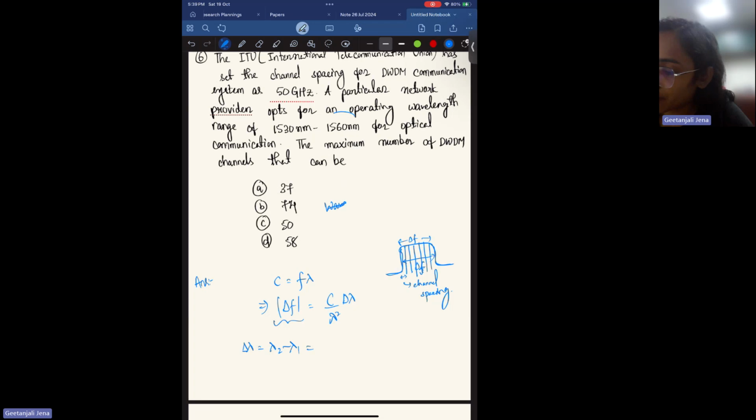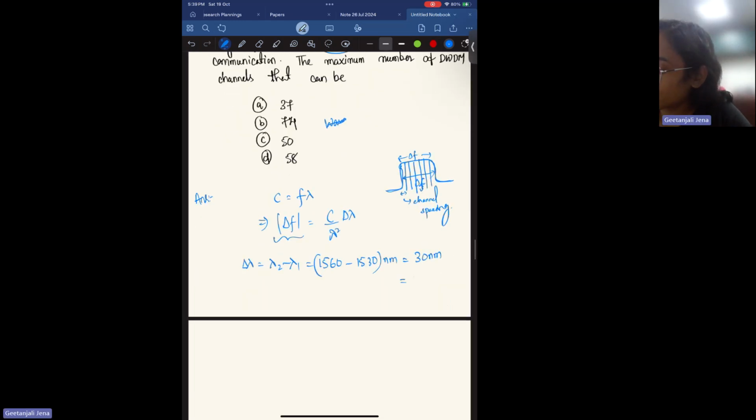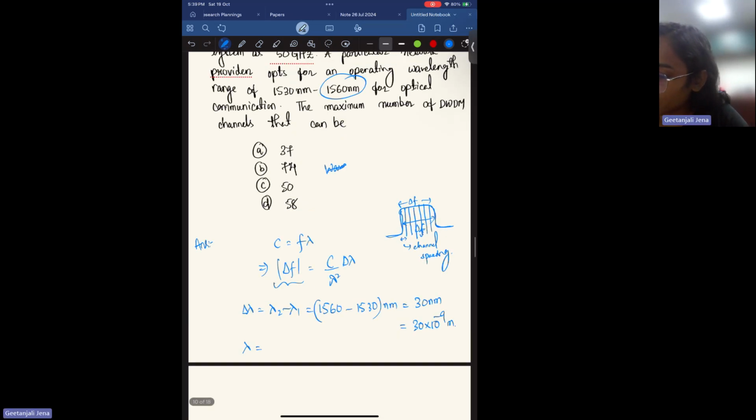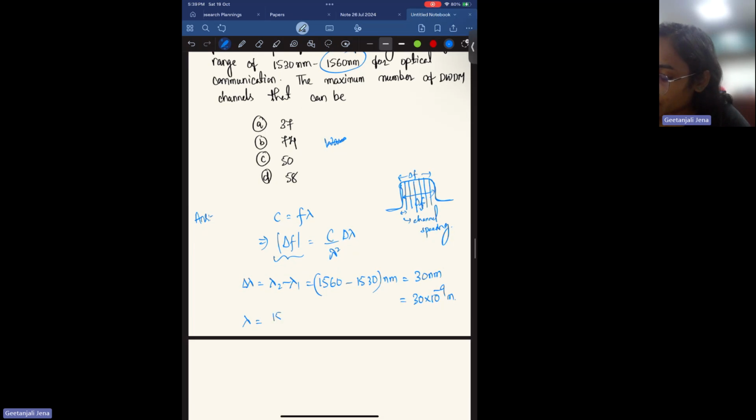Lambda 2 is 1560 minus 1530 nanometer, so this is 30 nanometer, that is 30 into 10 to the minus 9 meter. And for lambda, you have to take the average of lambda 1 and lambda 2. So for 1530 to 1560, it will be 1545 nanometer.